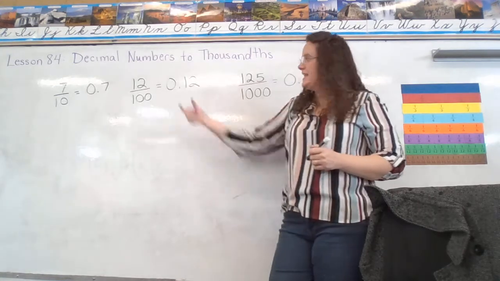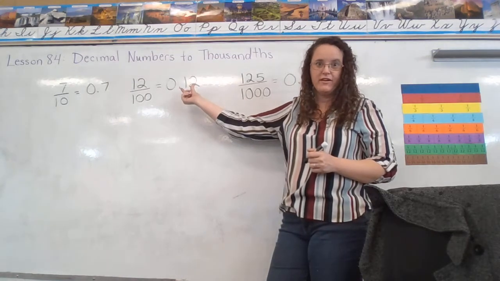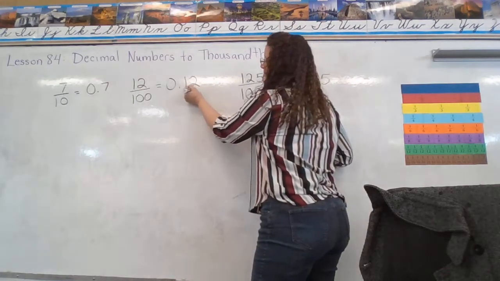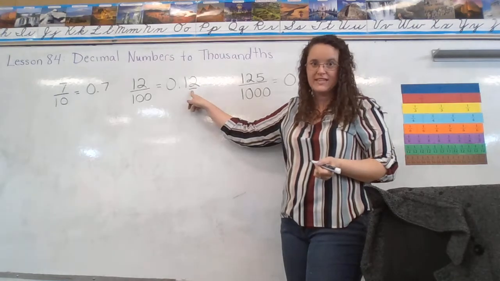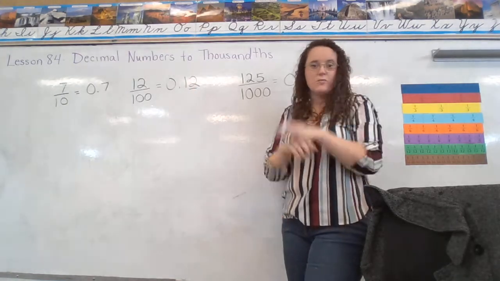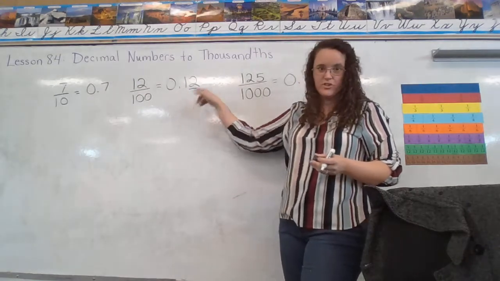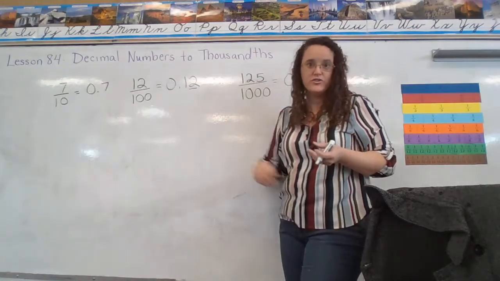We read it as 12, the 1 and the 2, that's the number 12, hundredths, because our last place value here is the hundredths value. We have the tenths and then the hundredths. So we don't break it apart. We don't say, oh, we have 1/10 and 2 hundredths. We just say we have 12 hundredths.